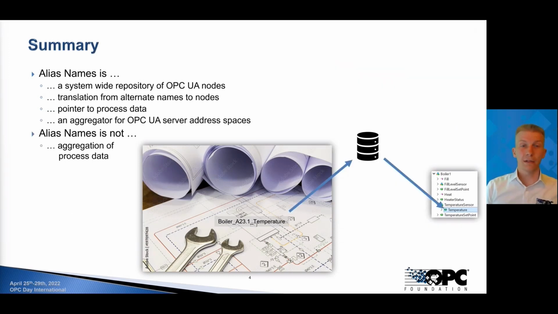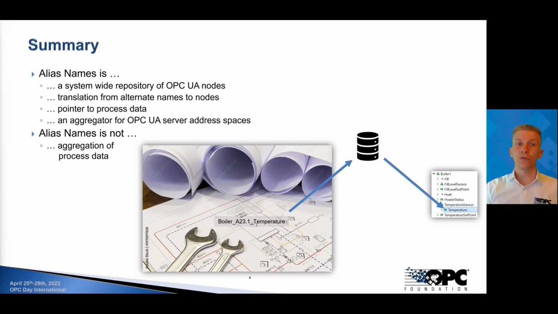So what is AliasNames? Short summary here. An AliasNames server is a system-wide repository of OPC UA nodes. So it really has aggregated all the servers' address spaces from all the systems that you have. And this really allows you to do such wildcard searches and find the exact information that you're looking for.